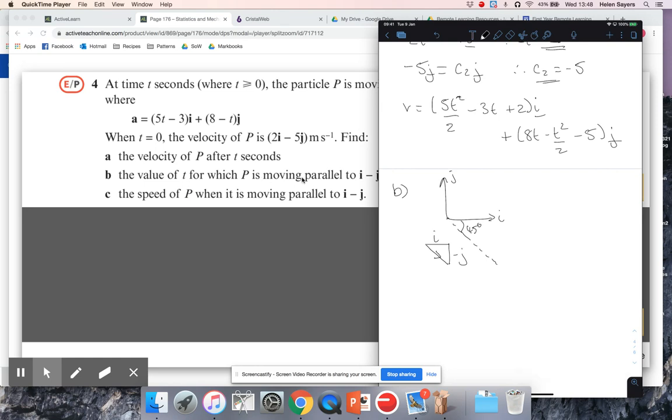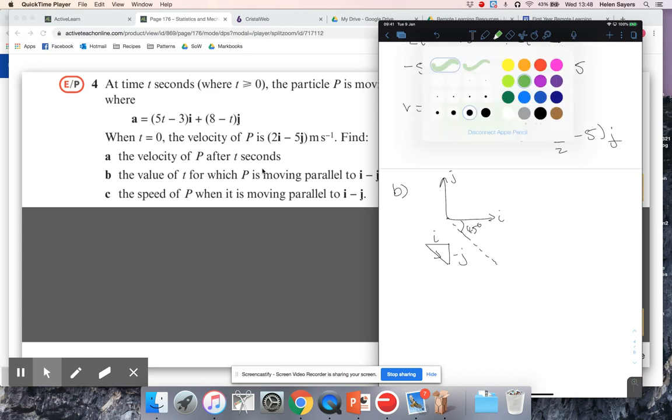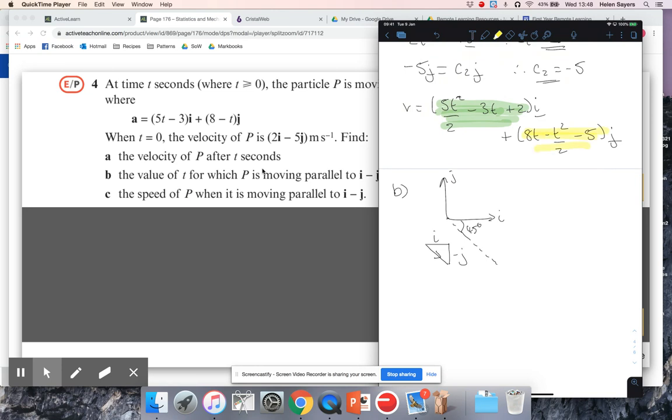If we're talking about when something is moving parallel, so the direction it's moving in, that's going to be to do with its velocity, which you probably guessed because that's what we just worked out. So when is it moving in that direction? Well, that's going to be when its i component equals the negative of its j component.